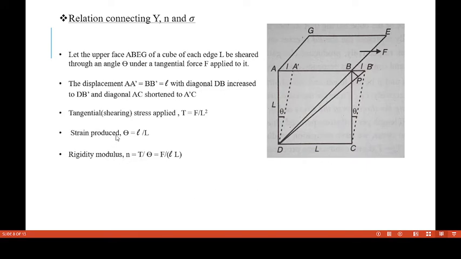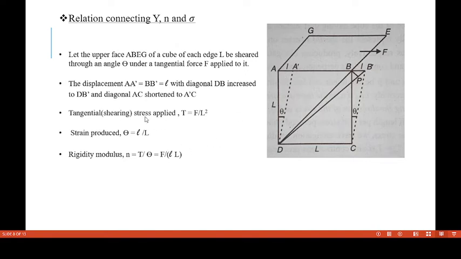Now, before the strain produced, the tangential or the shearing stress applied can be written as force upon area. Force is the tangential force and area is the area of the face of the cube, which is L square, if capital L is the length of the edge of the cube. Now the strain produced can be written as theta equals small l upon capital L. Small l is the displacement caused by this shear.